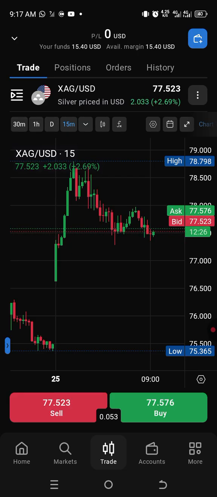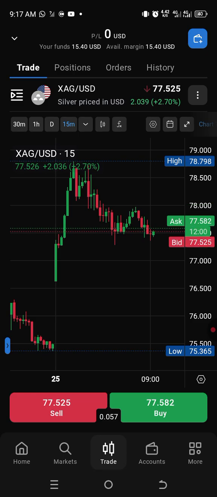So from the person who taught me these things, you go to the higher high up there. Then the candle with a wick that is protruding, you draw in a trend line on the candle before it.